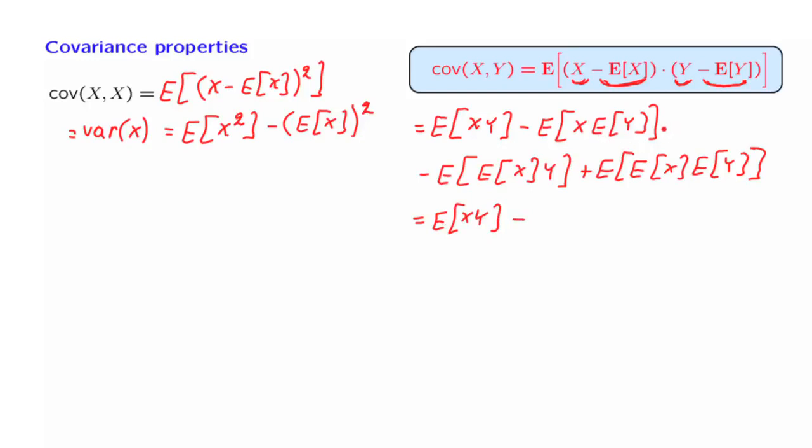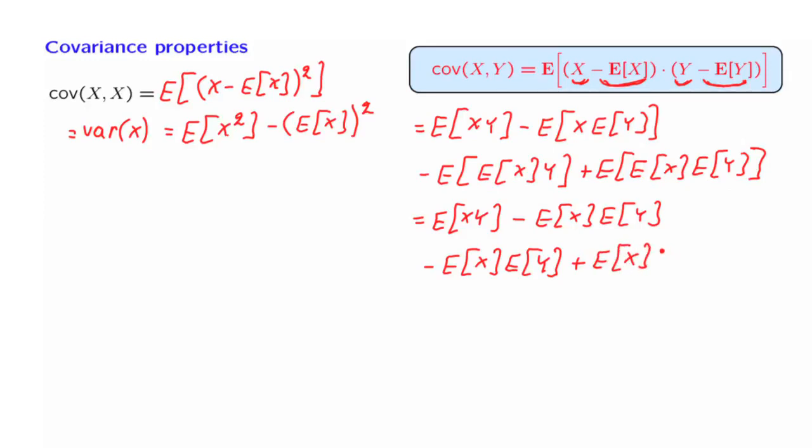We pull this constant outside the expectation and we're left with the expected value of x times the expected value of y. Similarly, for the next term, by pulling a constant outside the expectation, we obtain this expression. And finally, for the last term, we have the expected value of a constant, and this is the same as the constant itself.